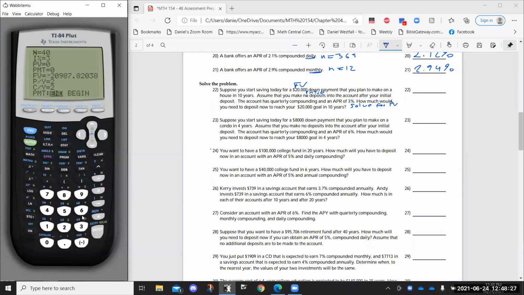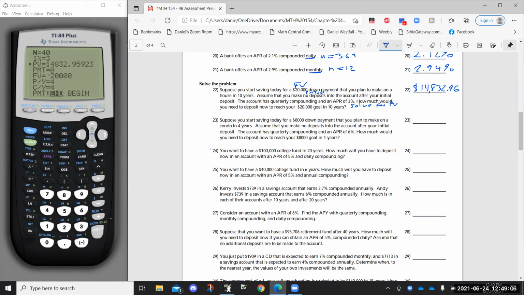Future value, we want to be a payout of $20,000. So compounded quarterly, so 4 and 4. And present value, alpha, solve, and we get 14,832.96, right?